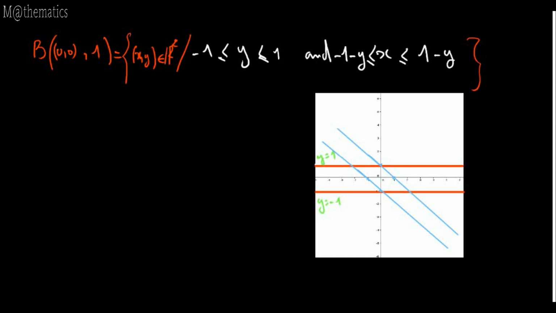Then I color only the intersection of the two parts. I had something like that.